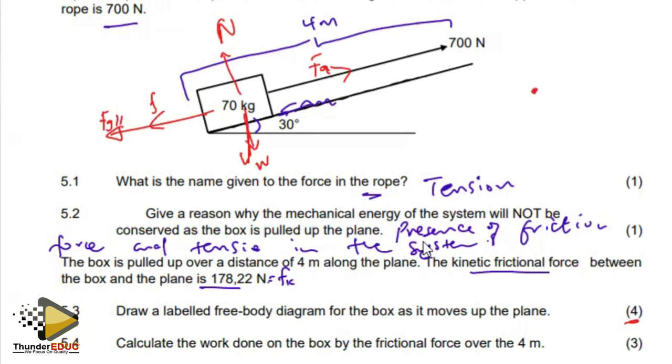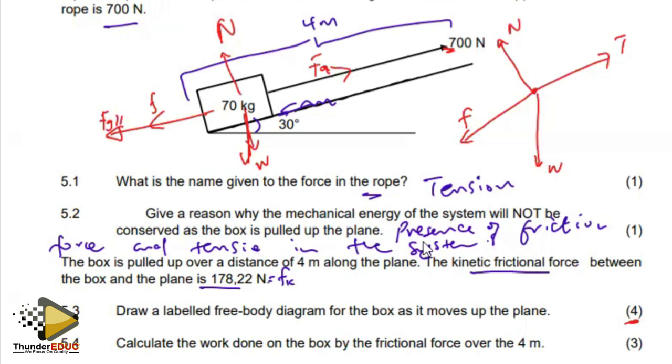So we're saying force applied, and this force applied is in the form of the tension. Then we have the frictional force, F, the normal force, and our weight, which is also okay.